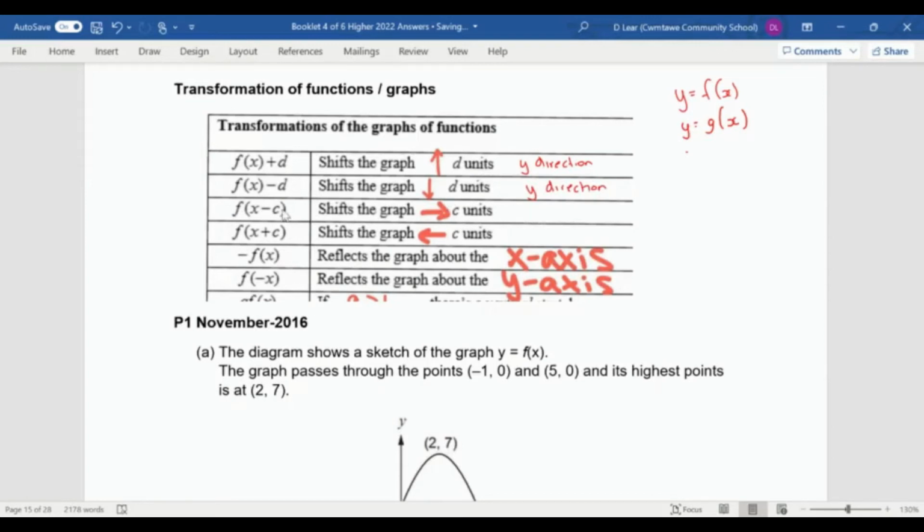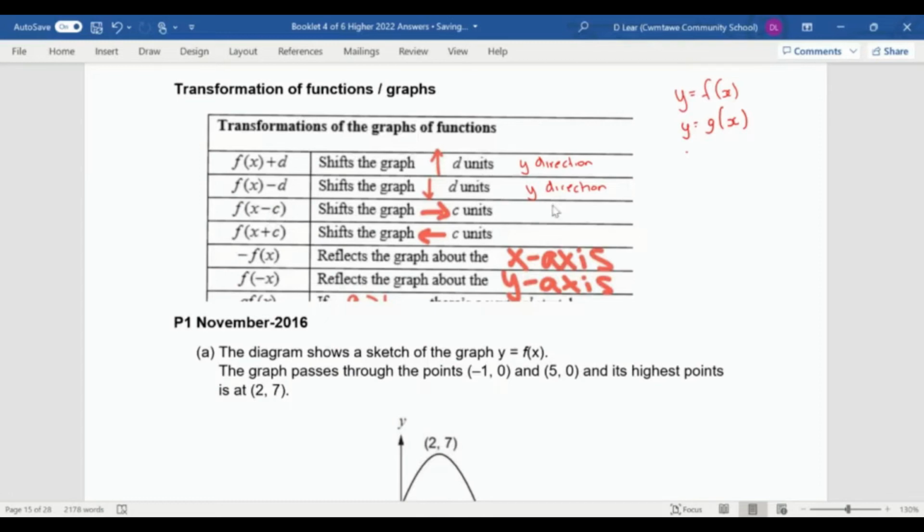If we put a number inside the bracket, weirdly, it doesn't become an up or down move, it becomes a left or right move, and this is just something you've got to commit to memory. If it's negative inside the bracket, like -2 or -3, you would expect that to be left because that's where the negatives are. But the opposite happens.